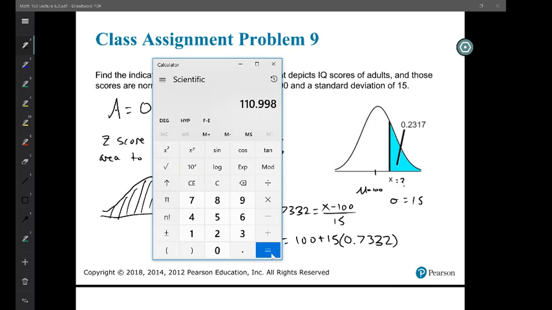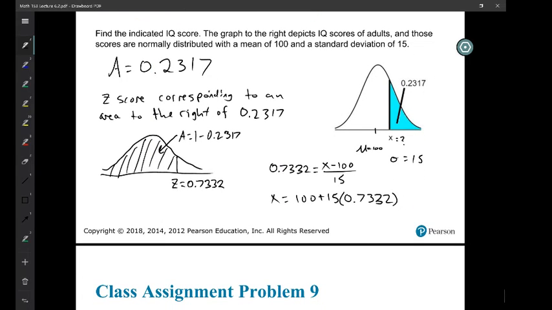So 110.998. So about 111. Interpretation: 23.17% of adults have an IQ of 111 or greater.